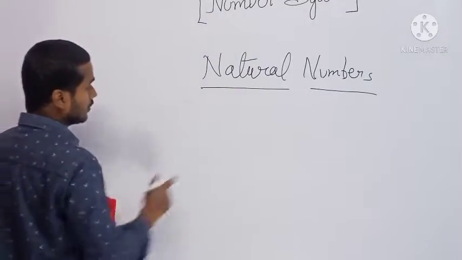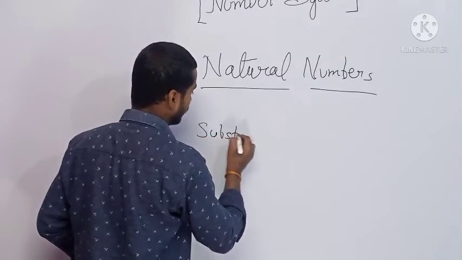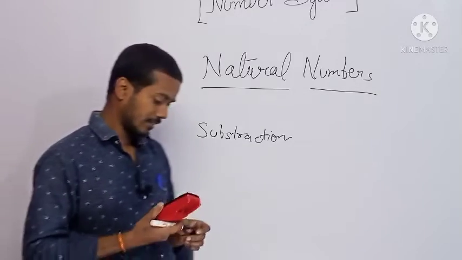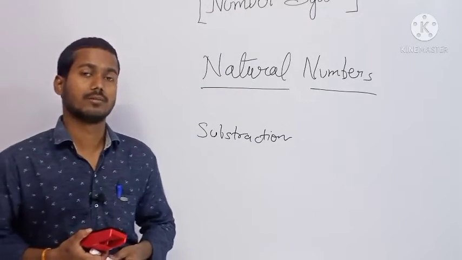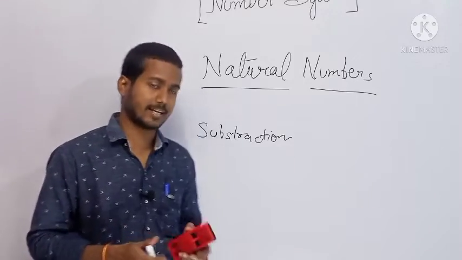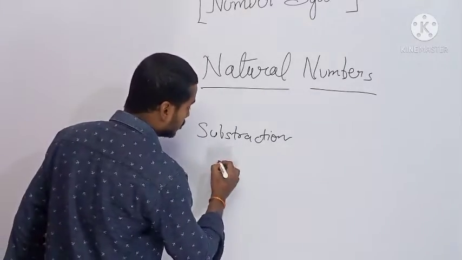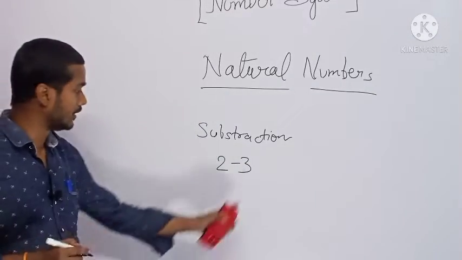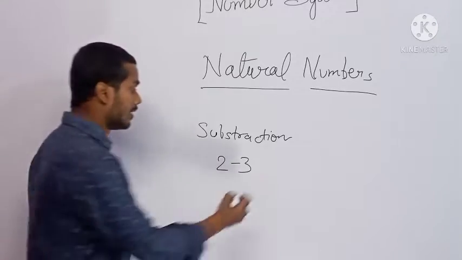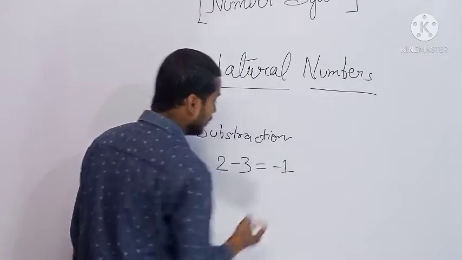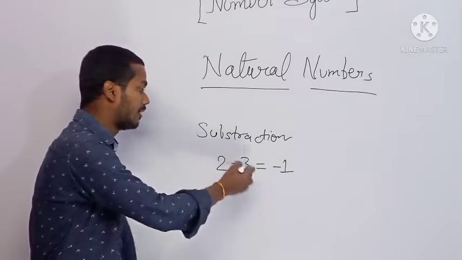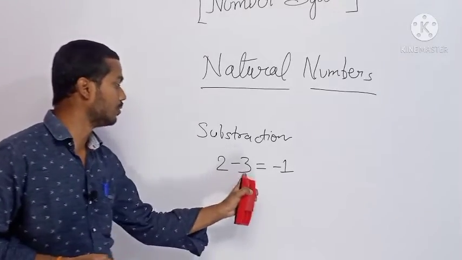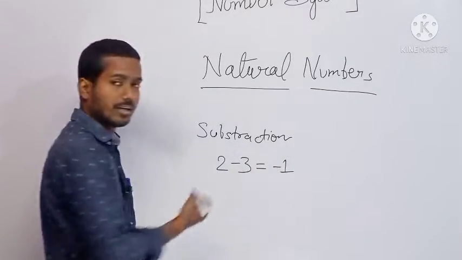Further, if we talk about subtraction, is it possible that after subtracting two natural numbers, we always get a natural number? Let's check it. Take 2, a natural number, and subtract 3 from it. 3 is also a natural number. We get -1, because the negative value is higher than the positive value. So after subtracting, 2 minus 3, we get -1.